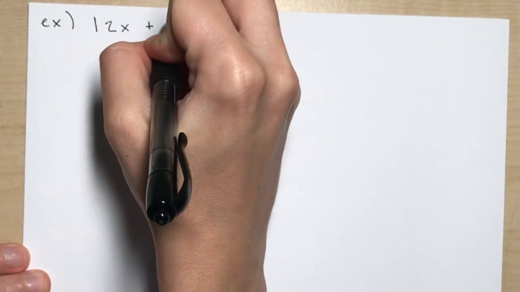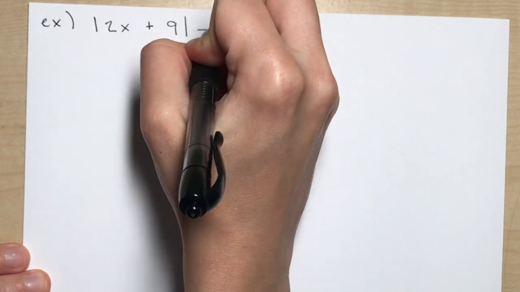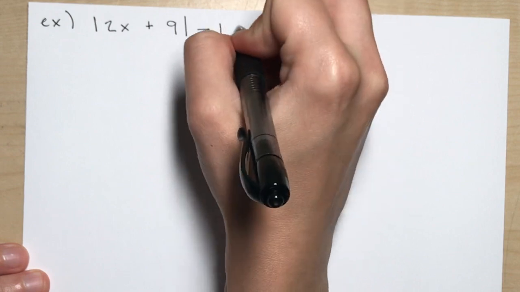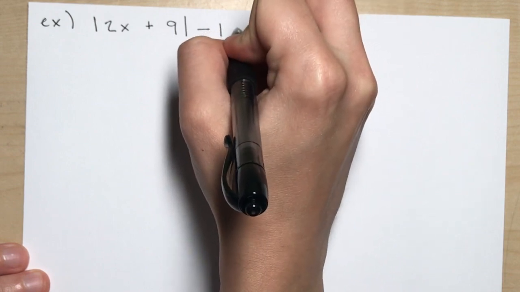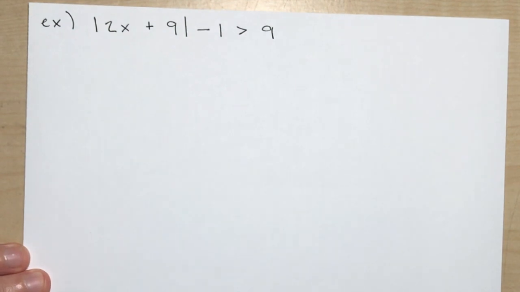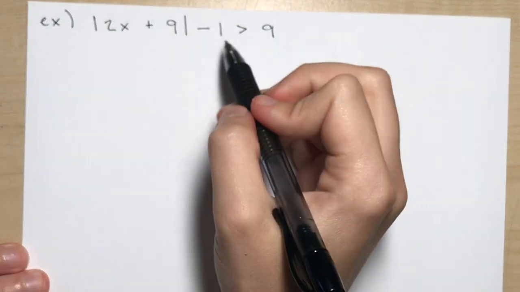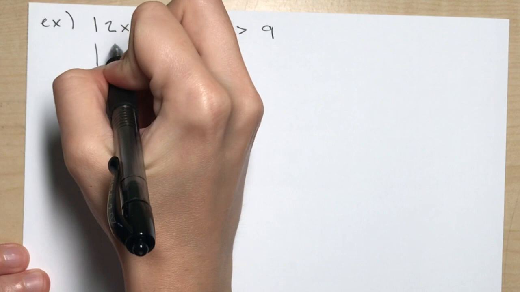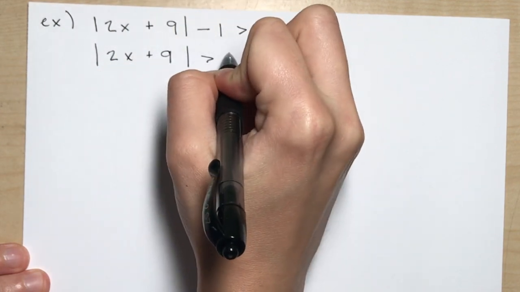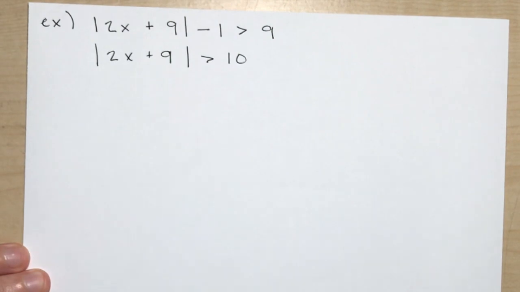So last time we had 2x plus 9 in absolute value minus 1 equals 9. This time let's do is greater than 9. So same thing, we need to isolate the absolute value. We have 10.